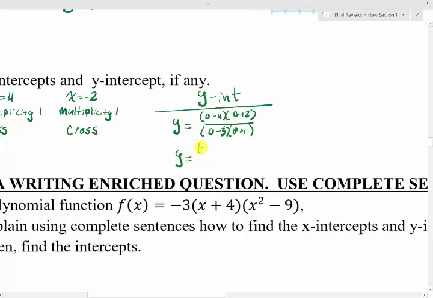That's going to give me negative 4 times 2 over negative 3 times 1, which will be negative 8 over negative 3. So y equals 8/3.